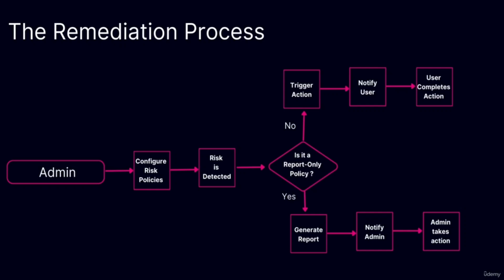We talked about how conditional access can be enforced, or it can be just a report only policy. If it is not enforced, then a report will be generated which will notify the administrator. Now the administrator can immediately take action.